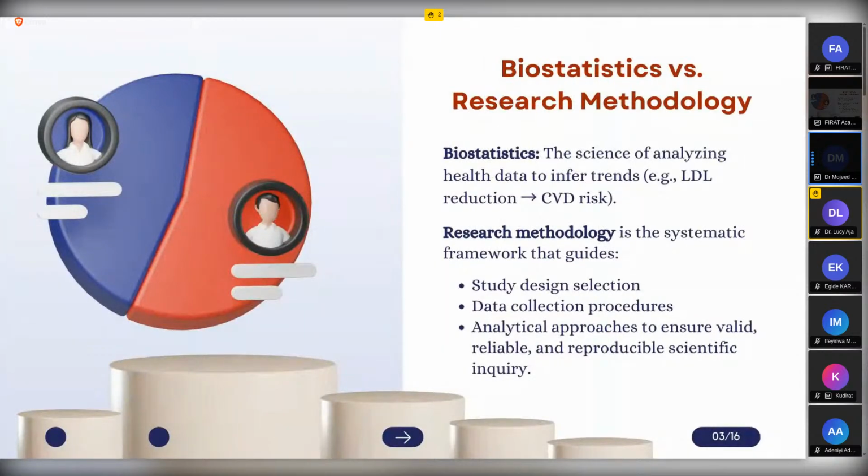So to determine the prevalence of diabetes among outpatients attending maybe Rwanda military hospital. So what is the appropriate study design for that kind of a study? You can unmute yourself and respond.